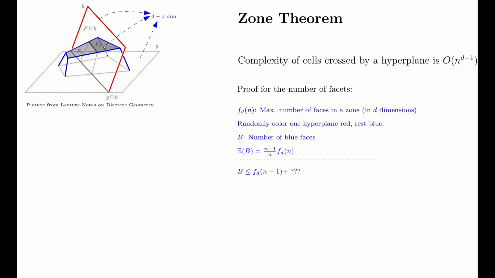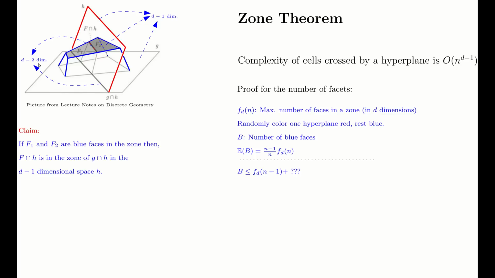Hyperplanes G, F, and H are d minus 1 dimensional objects. The intersection of hyperplanes F and H is a d minus 2 dimensional object, and the same with the intersection of hyperplane G and H, which is a d minus 2 dimensional object.